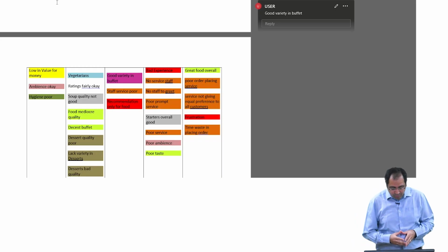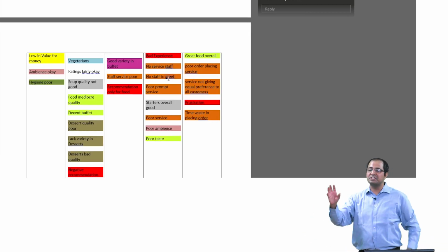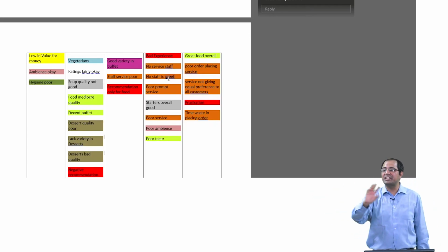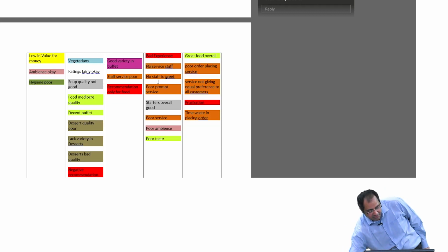For example, if you look at the orange one, it is staff service poor, no service staff, no staff to greet. So across the users, give a color code to the ones that you think are similar, talking about the same thing. So here it is about staff service poor, no service staff, no staff to greet, poor prompt service, service not giving equal preference to all customers, poor ordering service.